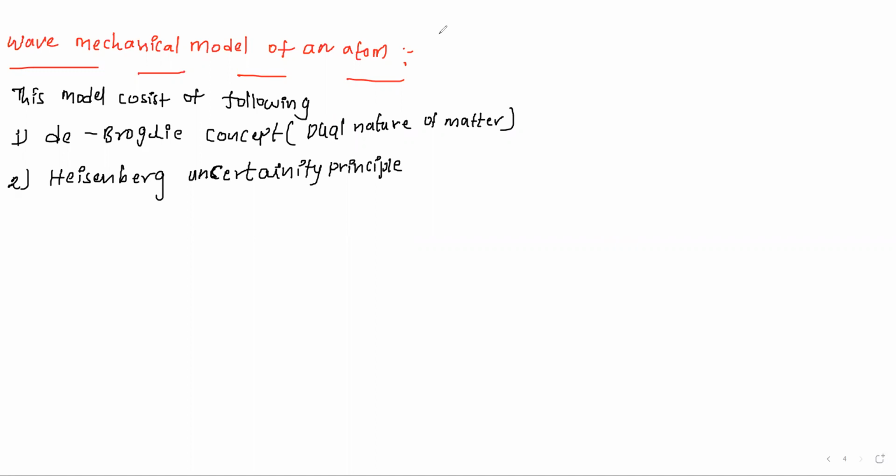Now keep the heading: the first one, the dual nature of matter, the de Broglie concept.